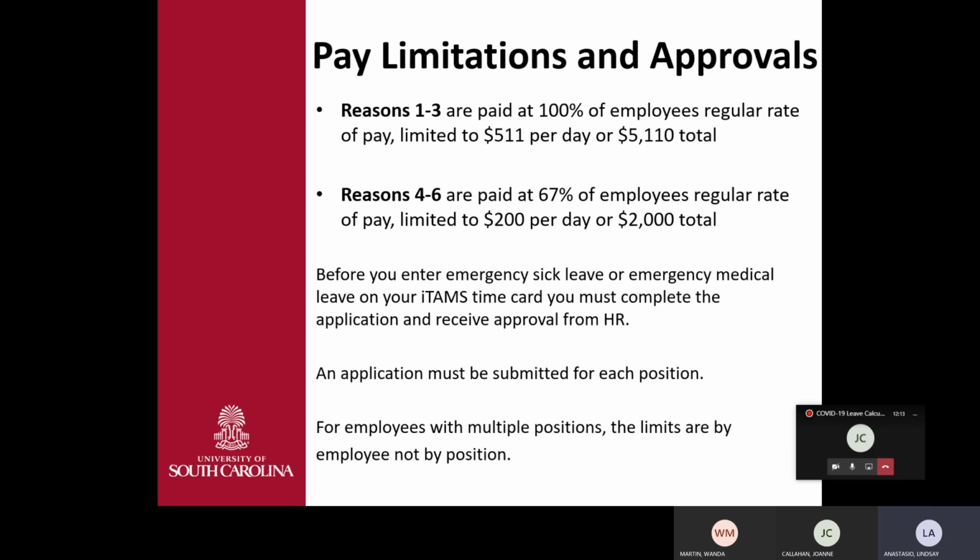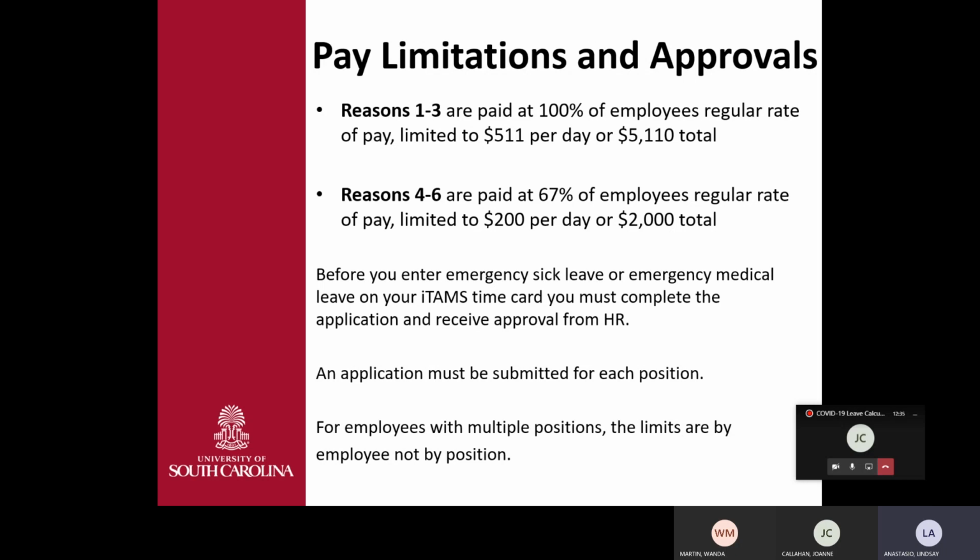So an application must be completed for each position that an employee has, and it has to be approved by HR before the employee can record these hours on their time card. For employees that have multiple positions, the limits are by employee and not by position.